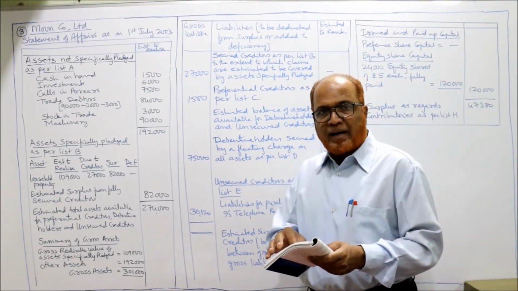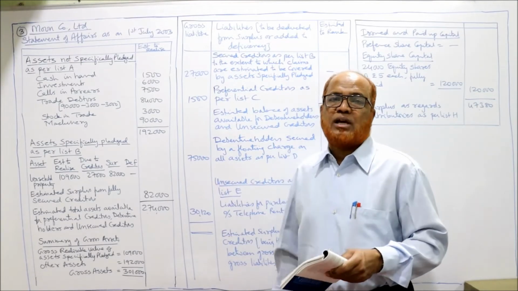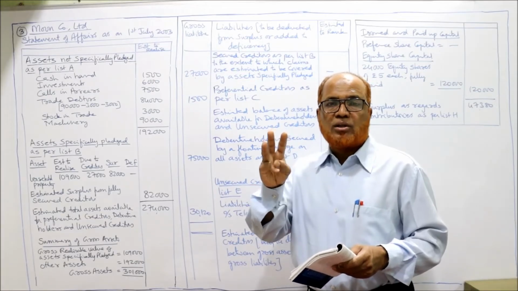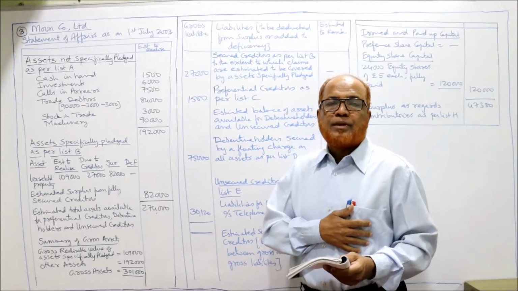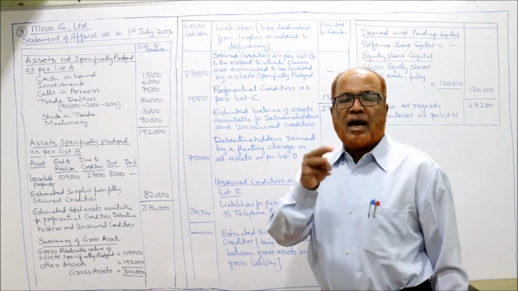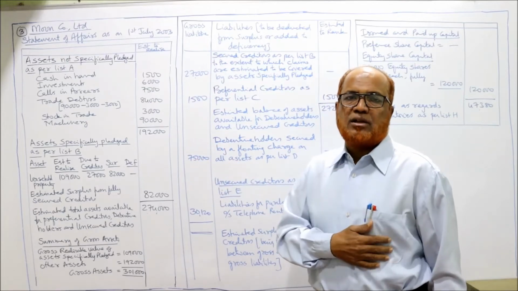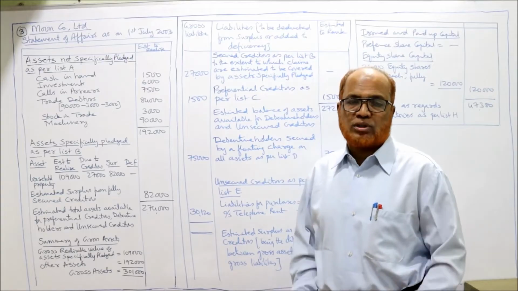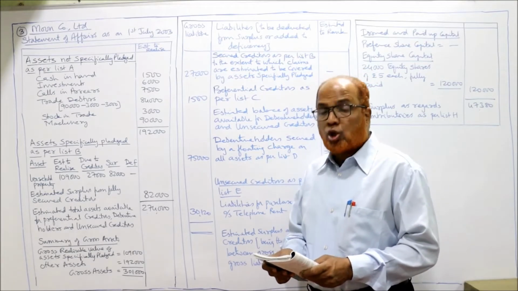So 3,000 bad debts and 3,000 doubtful debts not expected to realize. So expected to realize 3,000 is given, and not expected to realize 3,000. Total 6,000 is given. So 3,000 rupees bad debts and 3,000 doubtful debts not expected to realize will be deducted. So 90,000 minus 3,000 minus 3,000, 84,000.